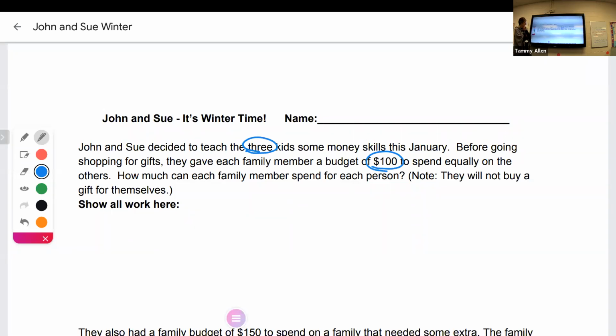They're not going to buy a gift for themselves, so that's going to be probably a box, isn't it? Okay. Anything else? Each.